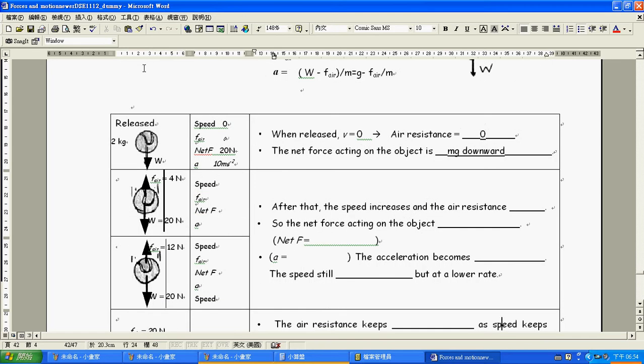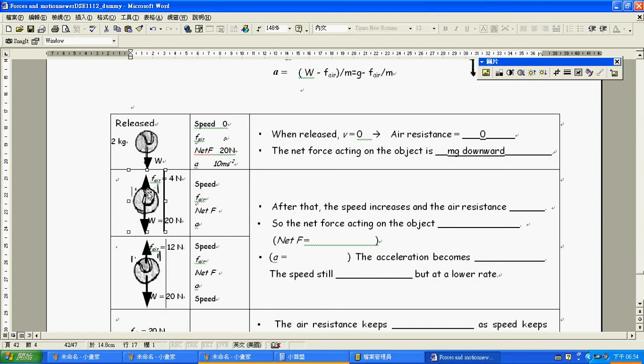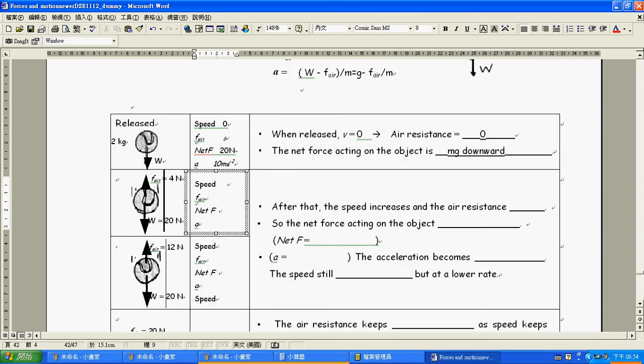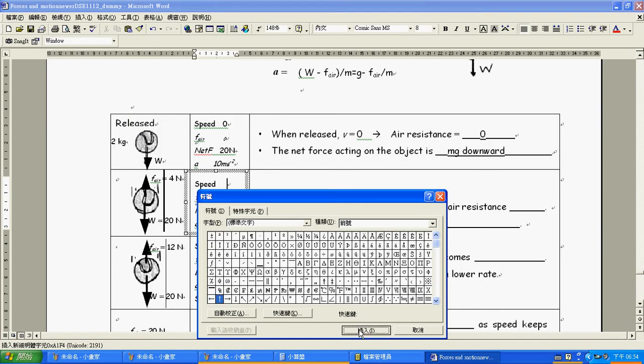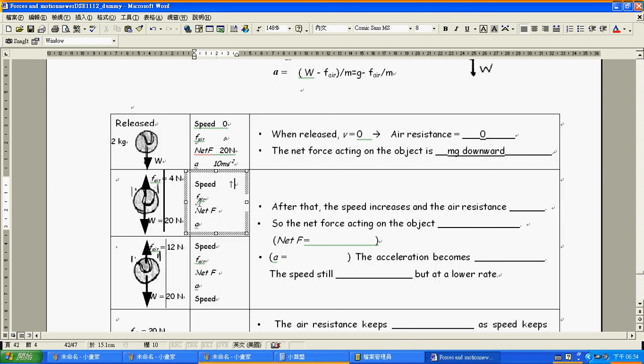Next, as the ball gains speed, the friction increases. So speed increases, so air friction increases, say, to 4 Newton.